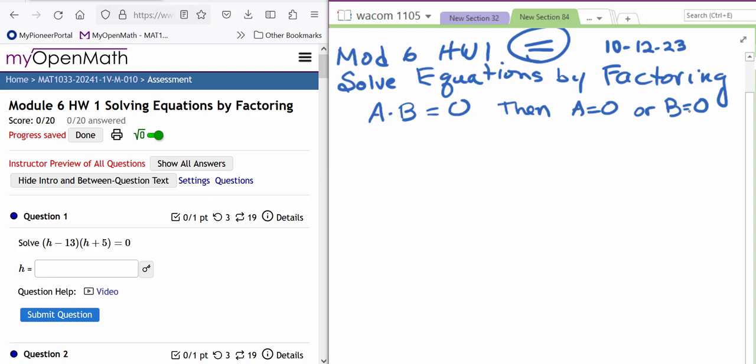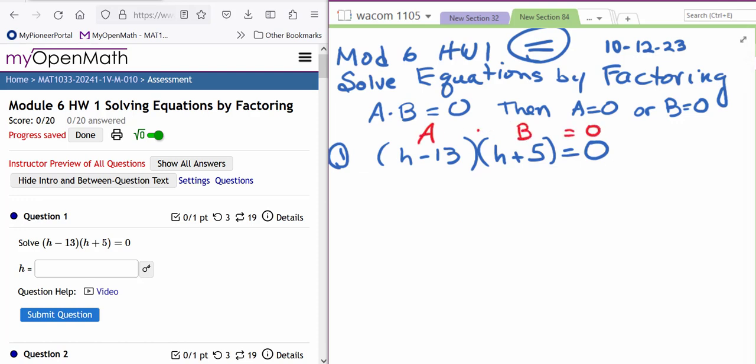So we'll go ahead. The first one is already factored for you. If it was multiplied, we don't need to multiply, but if it was, it would be h squared, which means we should get 2 solutions this time. But it is in the form a times b equals 0. So we set each piece equal to 0 and solve.